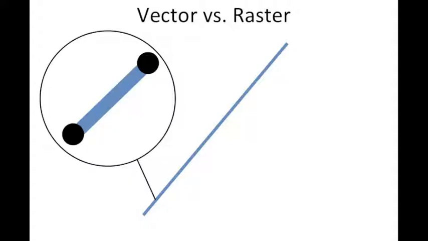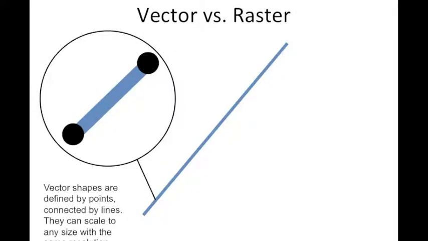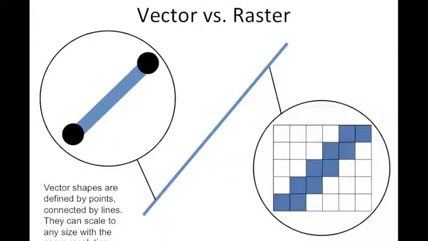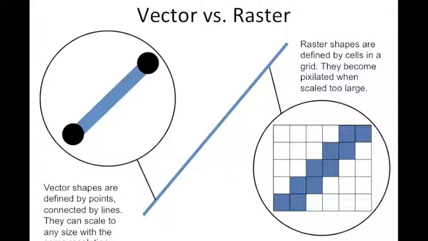So what that means is that it can be scaled to any size without getting pixelated, which is kind of neat. And then by comparison, if we were to zoom in on the same line as a raster image, it's actually just a grid, and each cell is assigned a certain value. And so it's just like when you zoomed in on a picture too far and it gets all pixelated, they're not really scalable. But they just display different kinds of data, basically. We're going to look at a few examples.